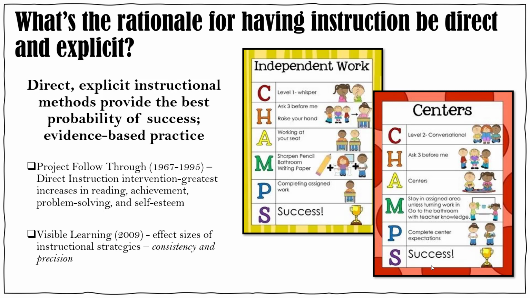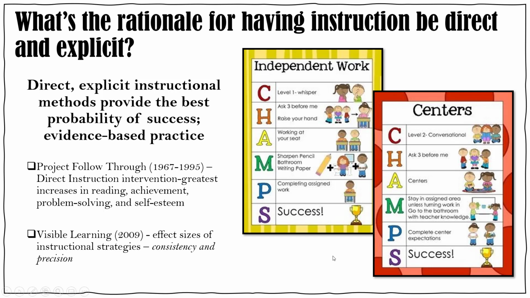So it provides the best probability of success. And your book talks about 2 different projects that give support to that. And also there's just a lot of research in the literature showing that the best way to set your students up for success is to provide that direct and explicit instruction. And we have mentioned this at the very beginning of the course as well.